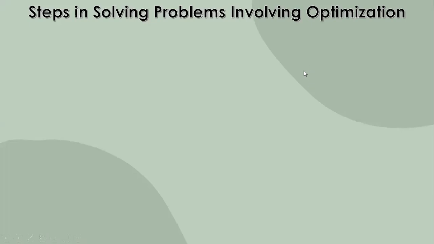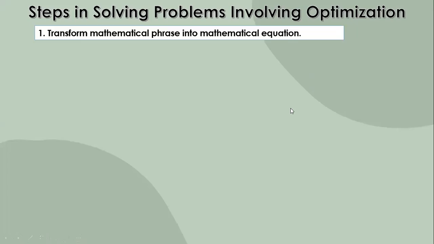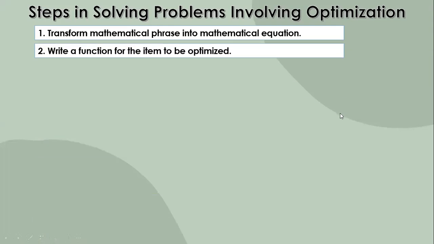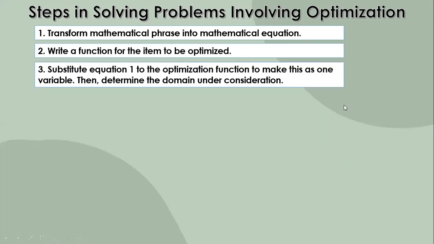So what are the steps in solving problems involving optimization? First, transform the mathematical phrase into mathematical equation. Second, write a function for the item to be optimized. Third, substitute equation 1 to the optimization function to make this as one variable.